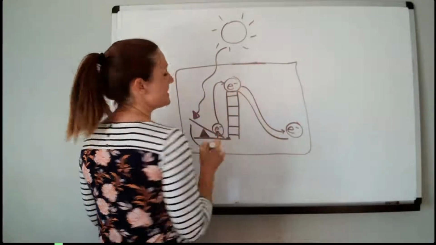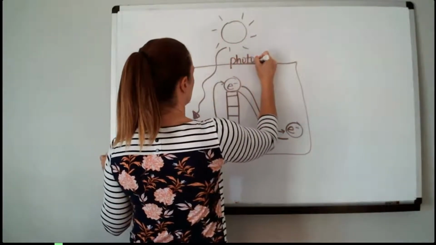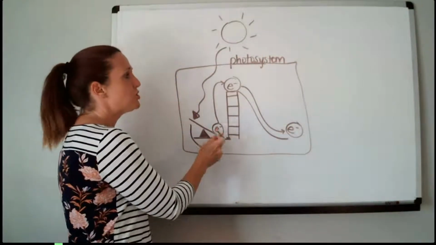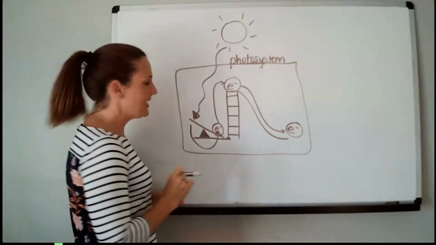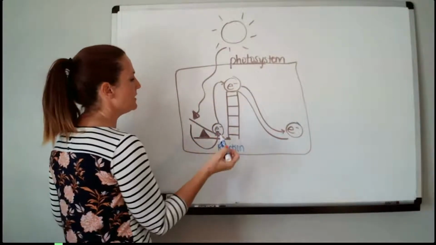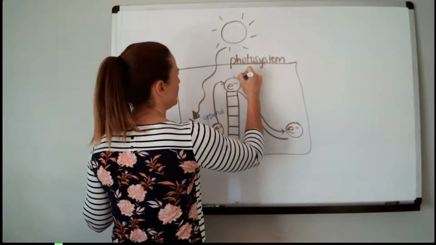This, in its essence, is what a photosystem is in photosynthesis. The electron jumps up to an excited state at the reaction center. So at the reaction center, the light moves the electron from the ground state to an excited state.